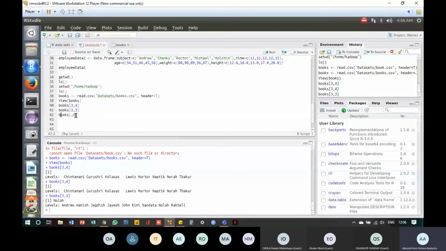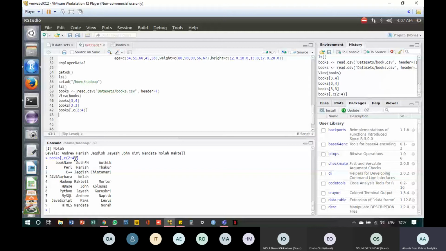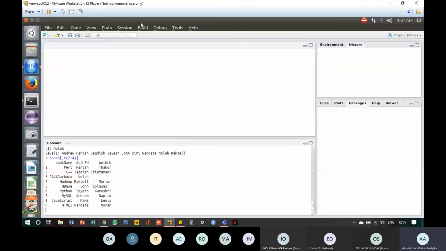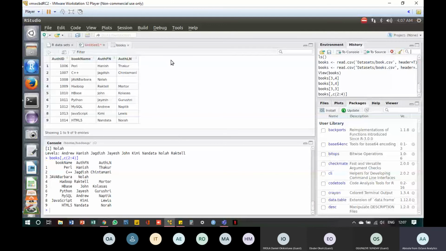So you can see I have all the rows, which is rows 1 to 9, as indicated here. Oh God, why am I reloading? So I have all the rows as indicated here, which is rows 1 to 9. Then I have only 2 to 4. So it took out this. So this is 1, 2, 3, 4. I have 2 to 4, which is what is available here. So that's about subsetting data sets.